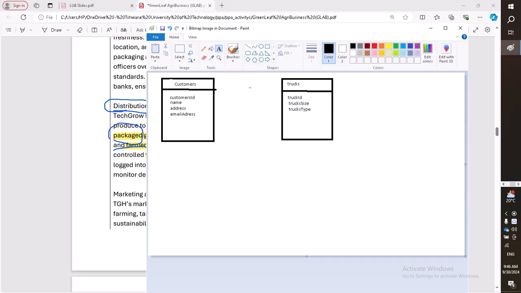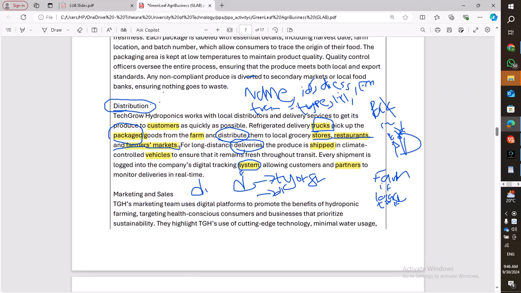Okay, what else am I looking for? The package. The customer waits for the truck to deliver their package. So now I'm looking for the package.